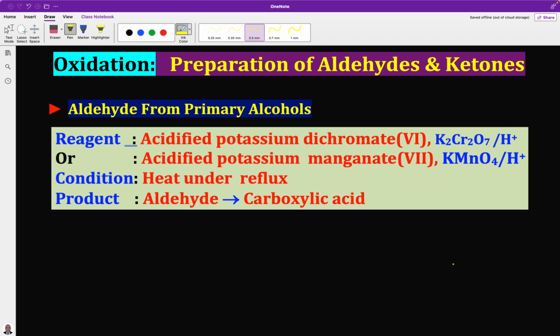And this primary alcohol must be heated under reflux with either acidified potassium dichromate(VI) or with acidified potassium manganate(VII).